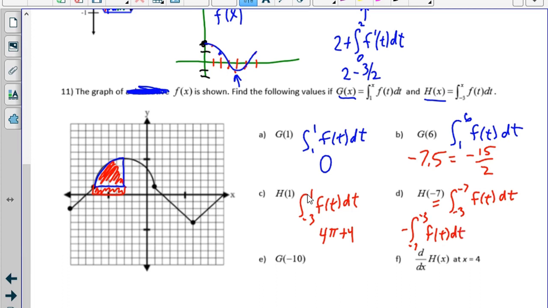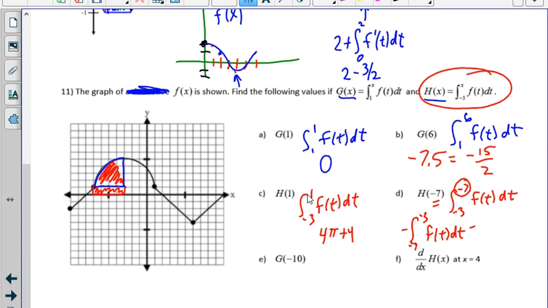Notice that with this function, the integral from -3 to x, when I put x in, I actually have the smaller number, the number that's further to the left, on top. So I have to use my integral rules, and notice that it's the negative of the integral from -7 to -3.